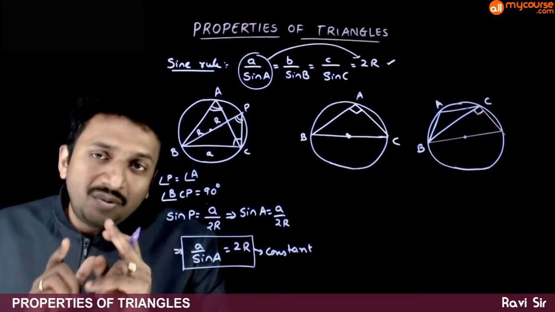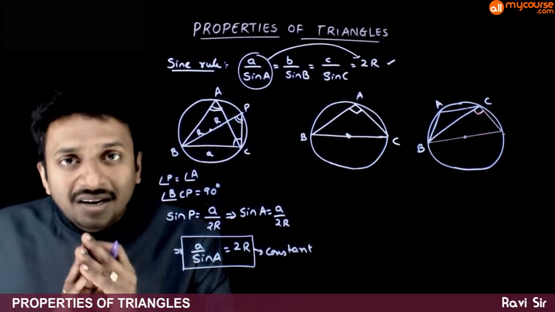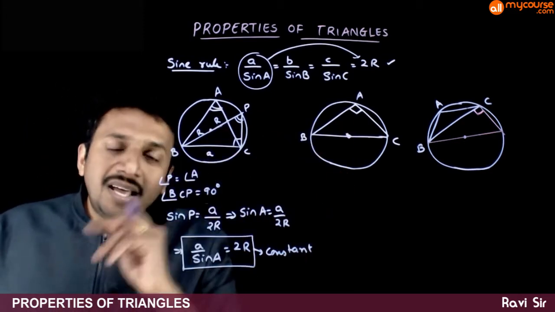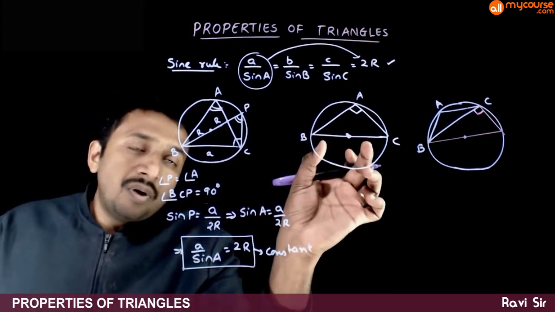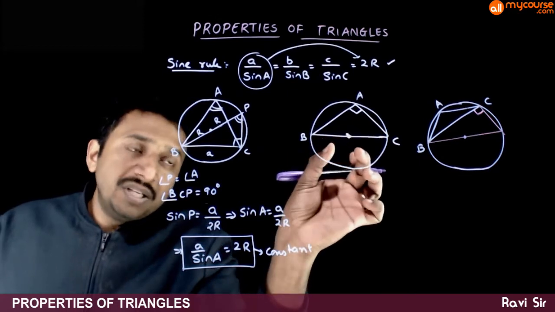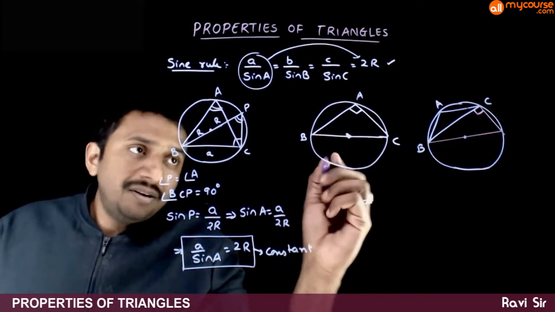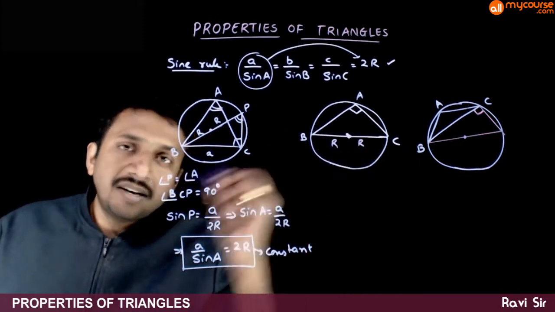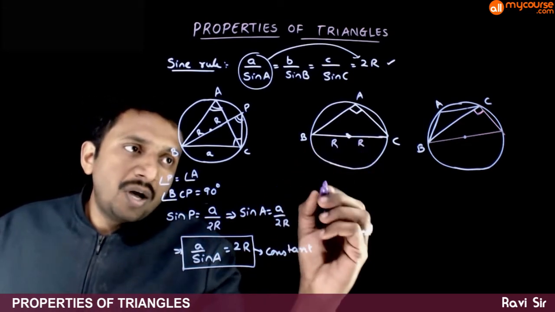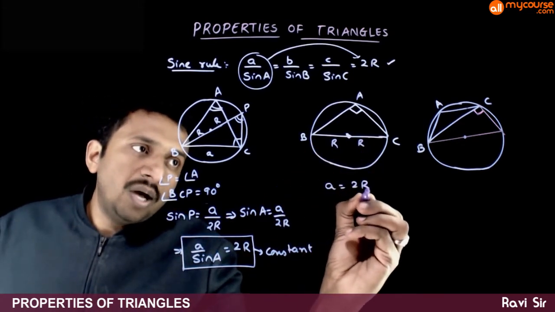Now let us see whether it works if angle A is a right angle. So let us say that angle A is a right angle. So obviously the side opposite to A should be the diameter. So this is R and this is R. Now what is small a? Small a is equal to 2R.